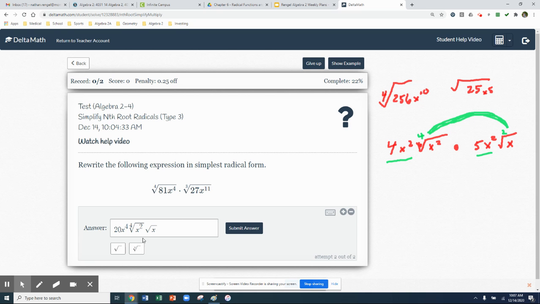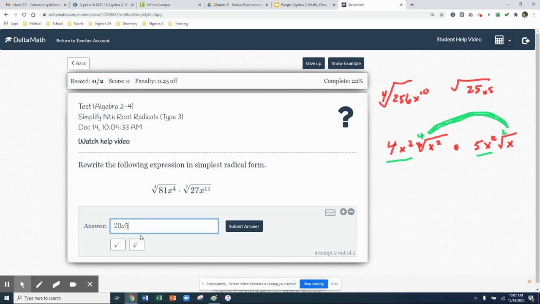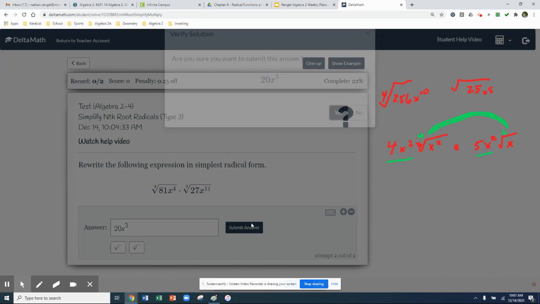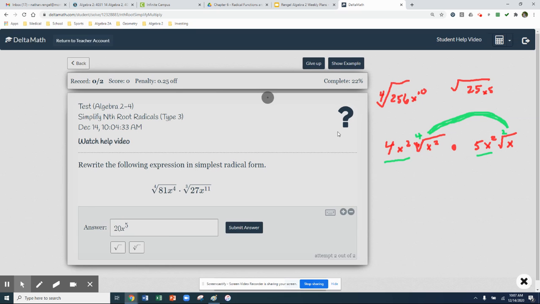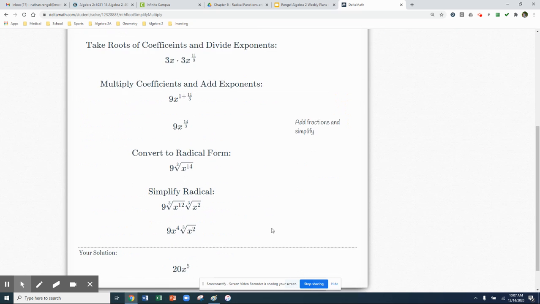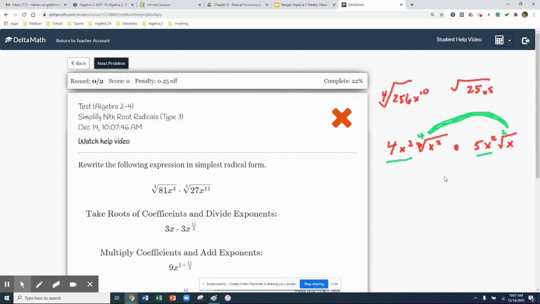So what's going to happen is, this x to the 2/4, because this 2 right here with an index of 4, that's going to be x to the 1/2. And then this is x to the 1/2. So really it's going to be 2x to the 5th, which we haven't got to in this section. Oh, whoops! What did I do here now? Oh, that's right. So you try on yours, 20x to the 5th.